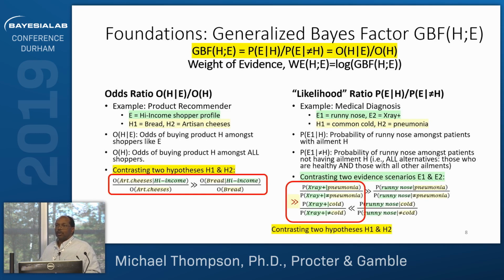We're looking for the one that's most distinctively representative of the evidence, the high income consumer. And here I've just chosen as a product artisan cheeses, for example.